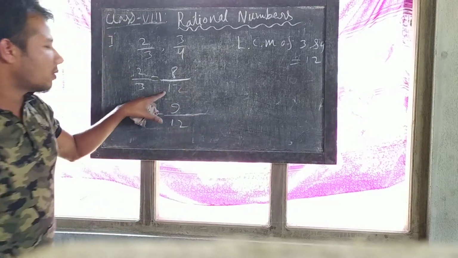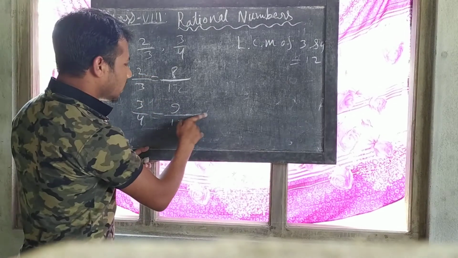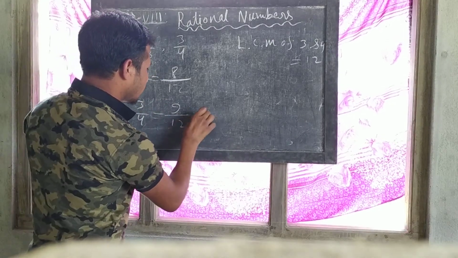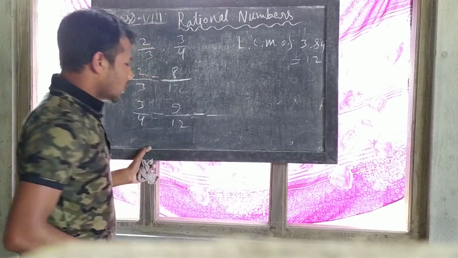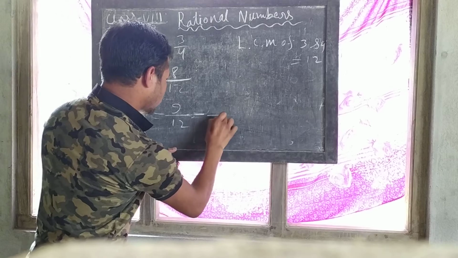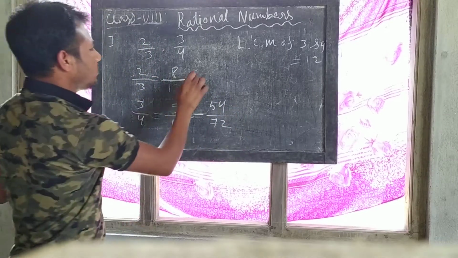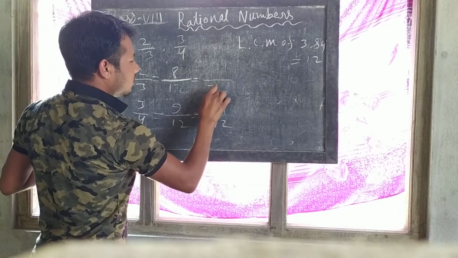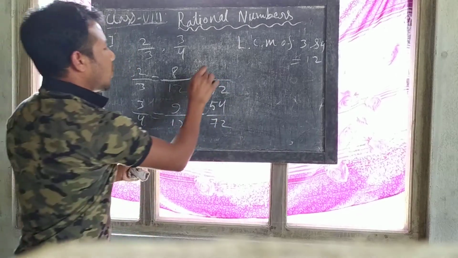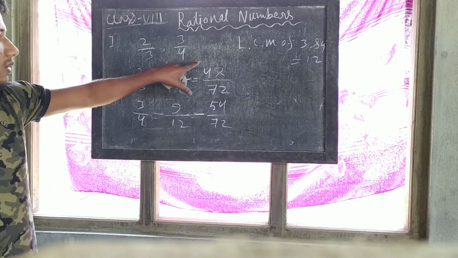Suppose here you multiply by 6. Then 8 by 12 becomes 48 by 72, and 9 by 12 becomes 54 by 72. Then you can find how many rational numbers there are.